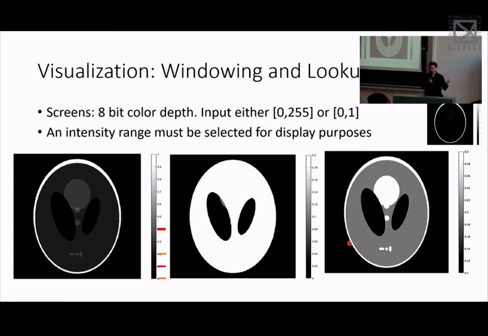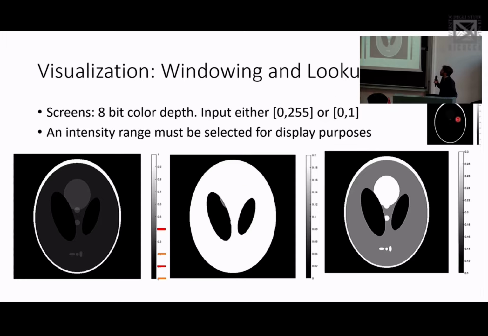But anyway, even if you have 10 bits of color depth, you will perceive 8, or maybe 9 really if the room is perfect, because I've told you that the eye sees linearly around 2 orders of magnitude. So what happens if you want to see 4 orders of magnitude? You have to apply what's called in radiology windowing, and you could also apply lookup tables.